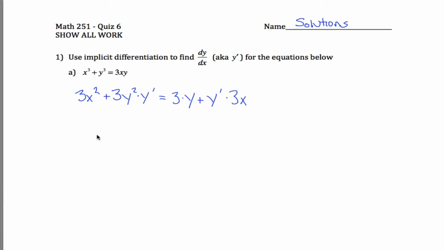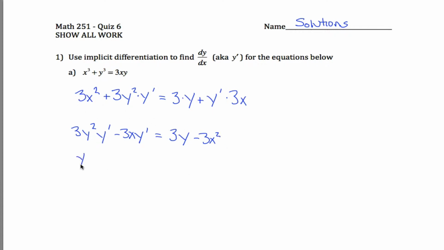I take all the terms that have a y prime in them and get those over on the left-hand side of the equation. So 3y squared y prime has a y prime in it. If I subtract this term over, I'd have minus 3x y prime, just rewriting this term. And that's equal to 3y, this term right here, minus 3x squared, if I subtract this term from both sides of the equation.